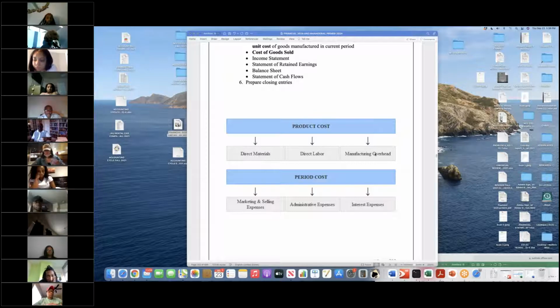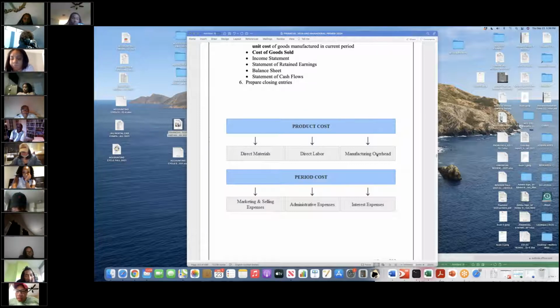So what are the three product costs? Direct materials, direct labor, manufacturing overhead. So those are the costs that we've got to calculate. And we're always calculating these costs on the basis of one item.